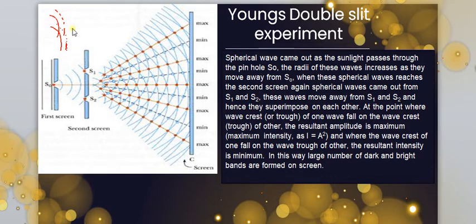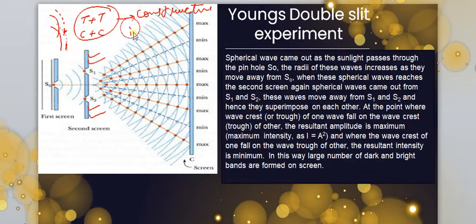When trough overlaps with trough and crest overlaps with crest, meaning the crest of the first source interferes with the crest of the other source, or the trough of the first source interferes with the trough of the other source, in this case constructive interference takes place.